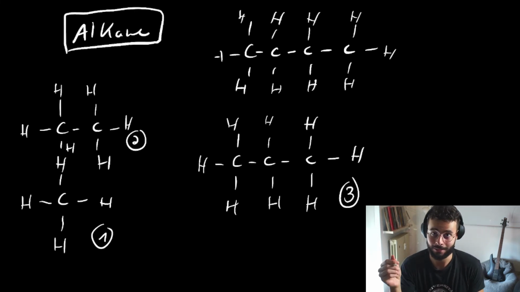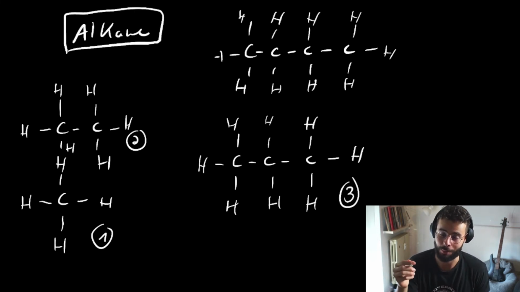An alkane is a hydrocarbon, a molecule that is made from only carbons and hydrogen, which doesn't contain any triple or double bonds. They are completely saturated. And the alkanes can be named based on the amount of carbons we have in the backbone, in the longest backbone.